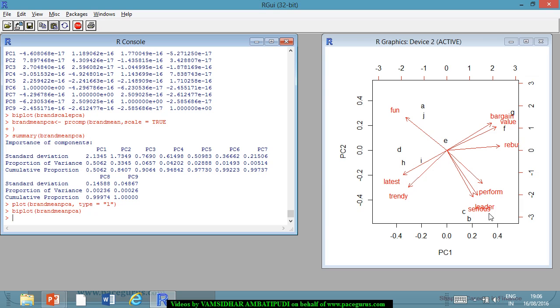So these are some of the things that are coming out as a part of the biplot. The categories like seriousness, leadership, perform, they are in one dimension. Value, bargain, and to some extent rebuy, they are in one. Trendy and latest are in one, and fun is in the other direction.